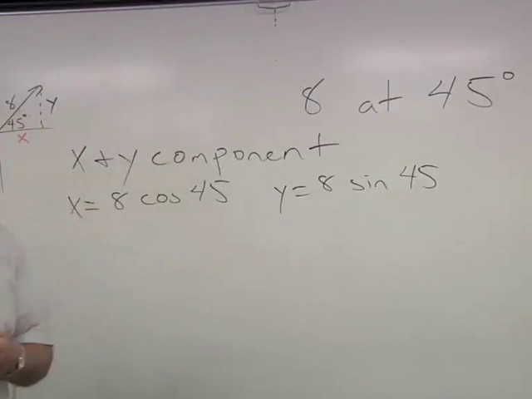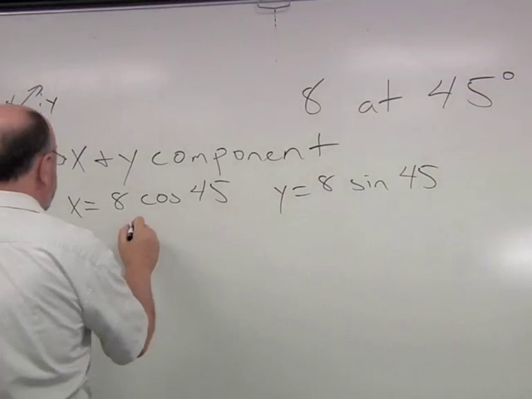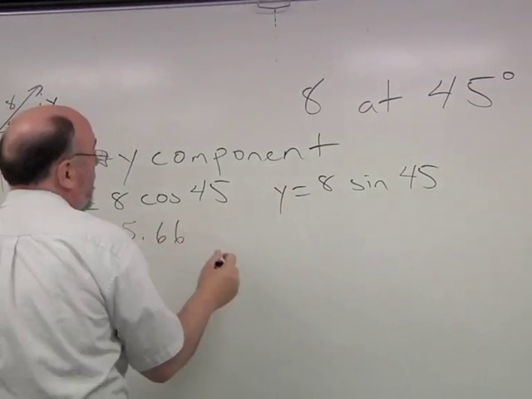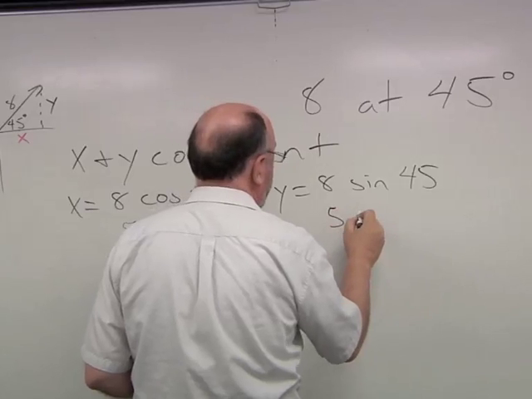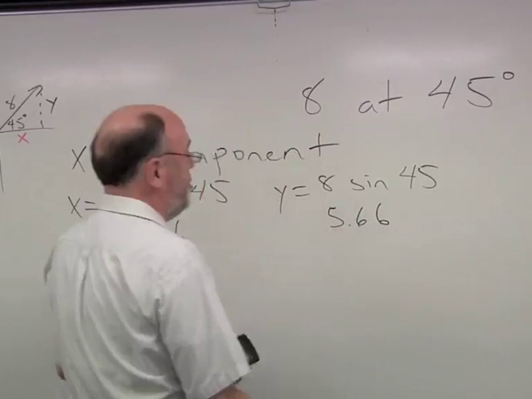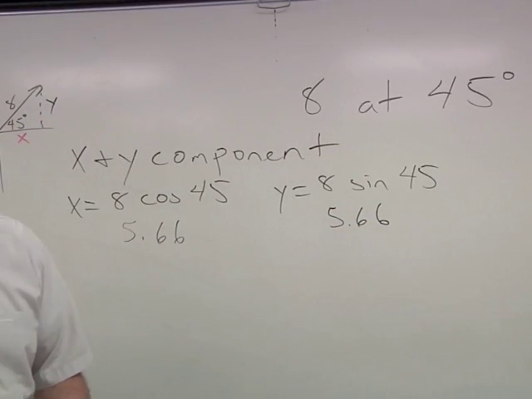And so we can get the x and y component of this vector by using our trig functions. So in terms of this one then, we would find out that 8 cosine 45 comes out to be basically 5.66. And the y component would also come out to be 5.66 for that vector.